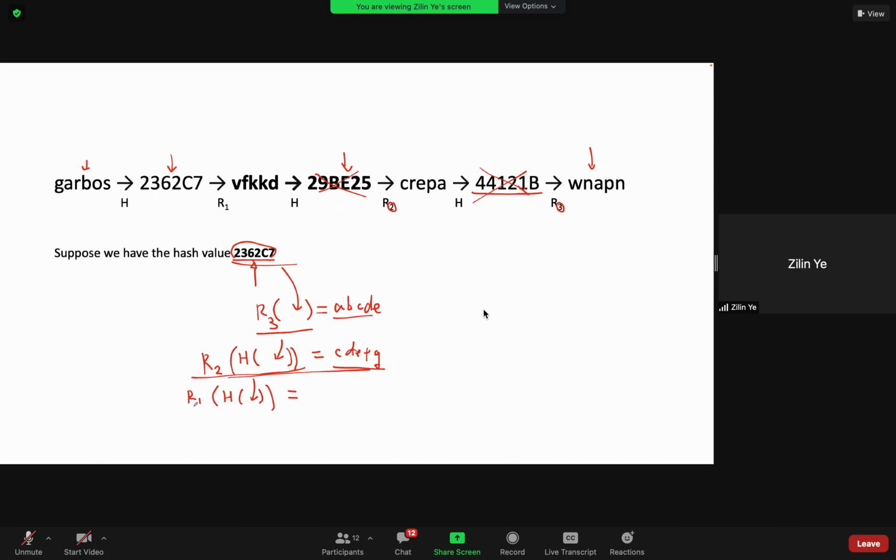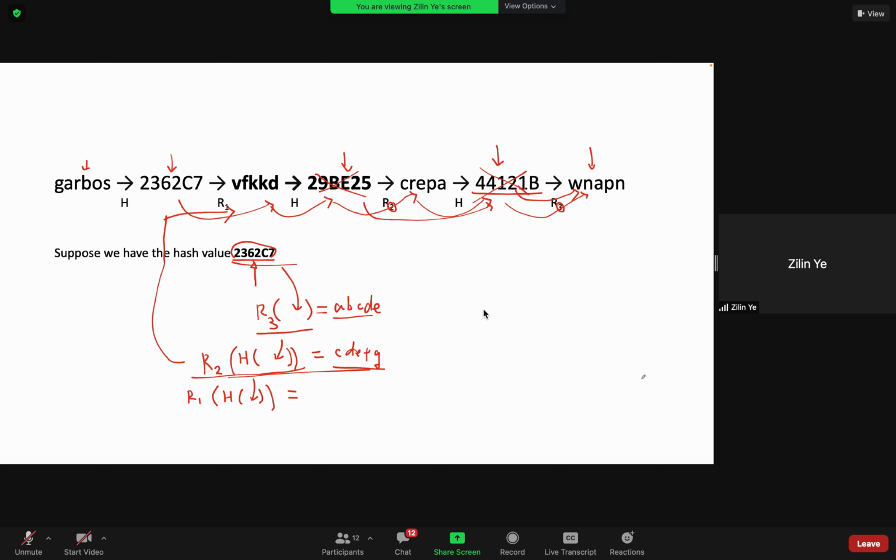CDFG gets hashed and then reduced by this one, and this will definitely give me this result, because we're basically assuming that at this position, this hash value will give me something forward, and I'm going to keep trying this until it produces exactly the same chain that I have.